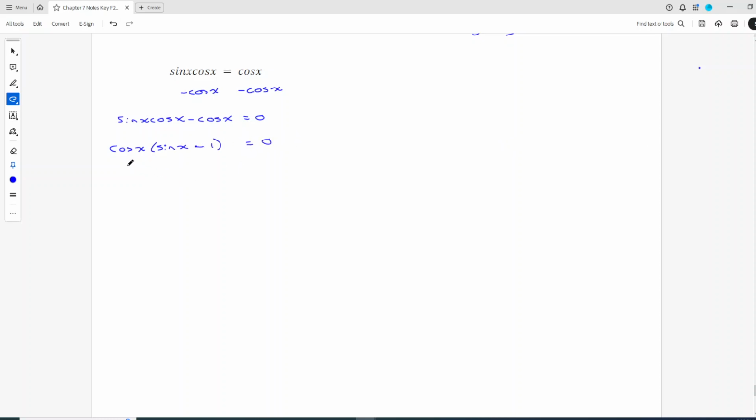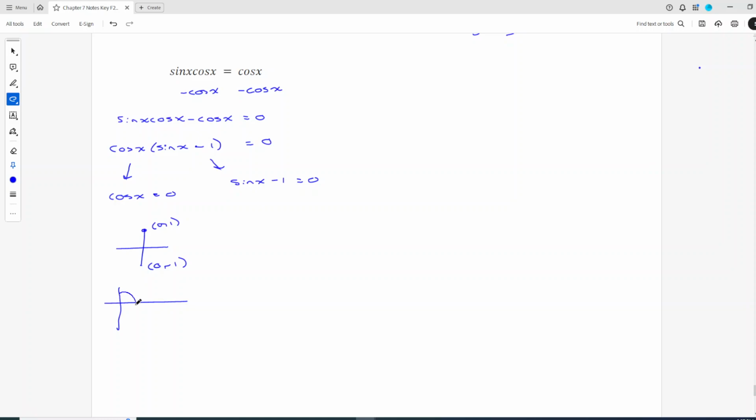And then I'm going to solve my factors. So what would make cos x equal to 0? And what would make sine x minus 1 equal to 0? Well, let's start with this guy first. Where does cos x equal to 0? Cos follows x, so you can think of it as 0, 1, or 0, negative 1, or you can think of your cos graph, right?